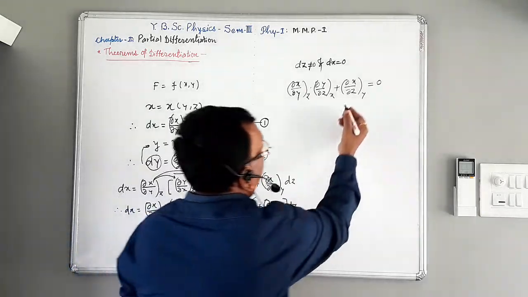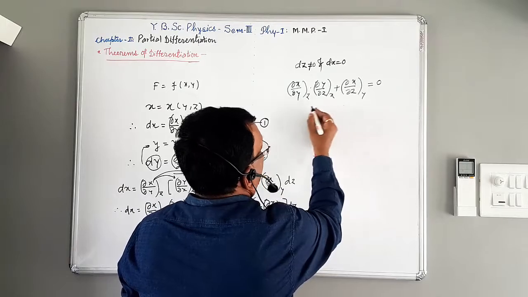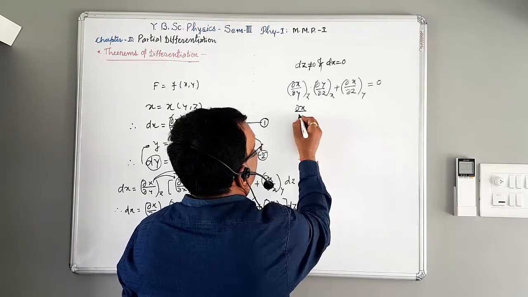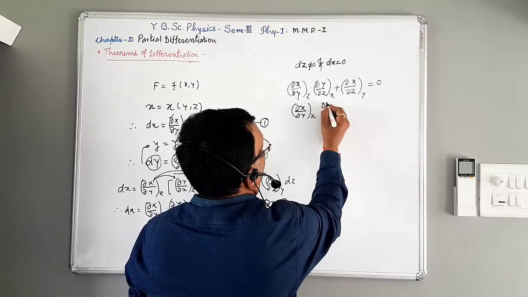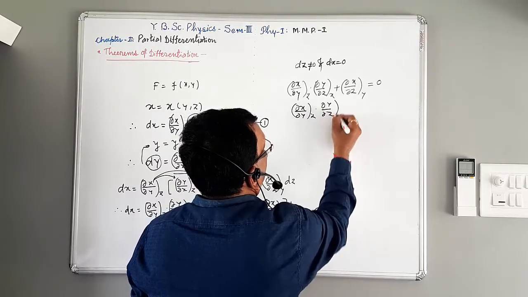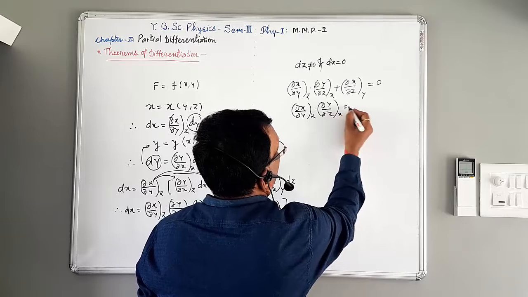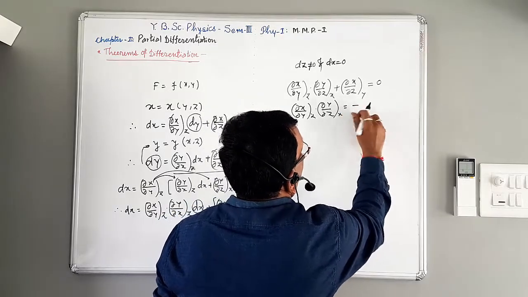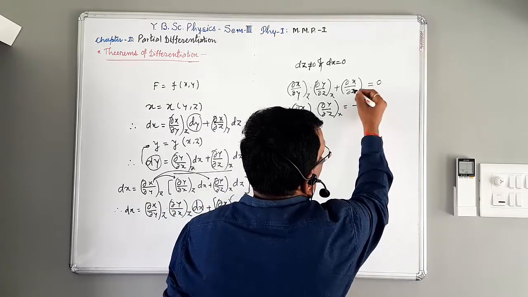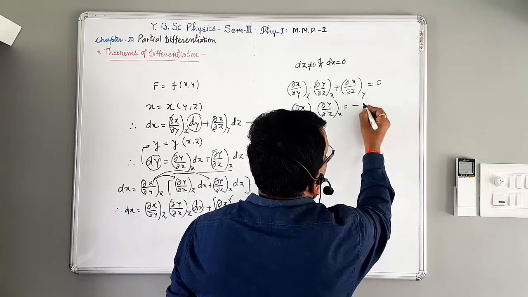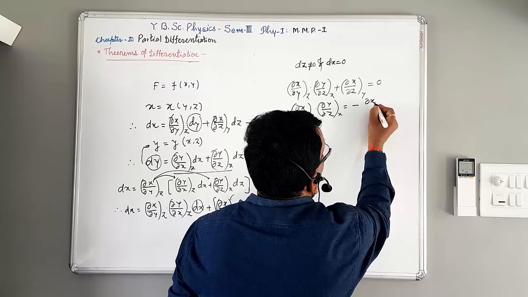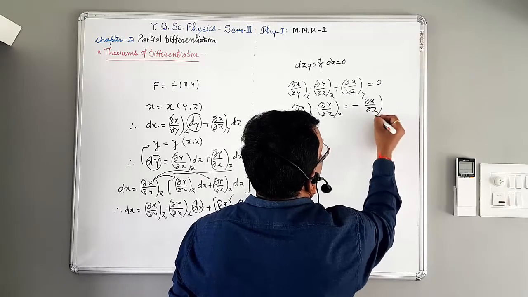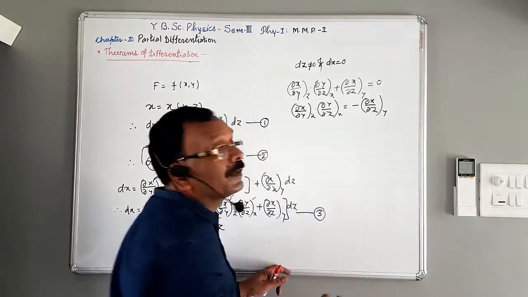From this equation we can write ∂x/∂y at constant z into ∂y/∂z at constant x is equal to minus ∂x/∂z at constant y, taking this term to the RHS of the equation.